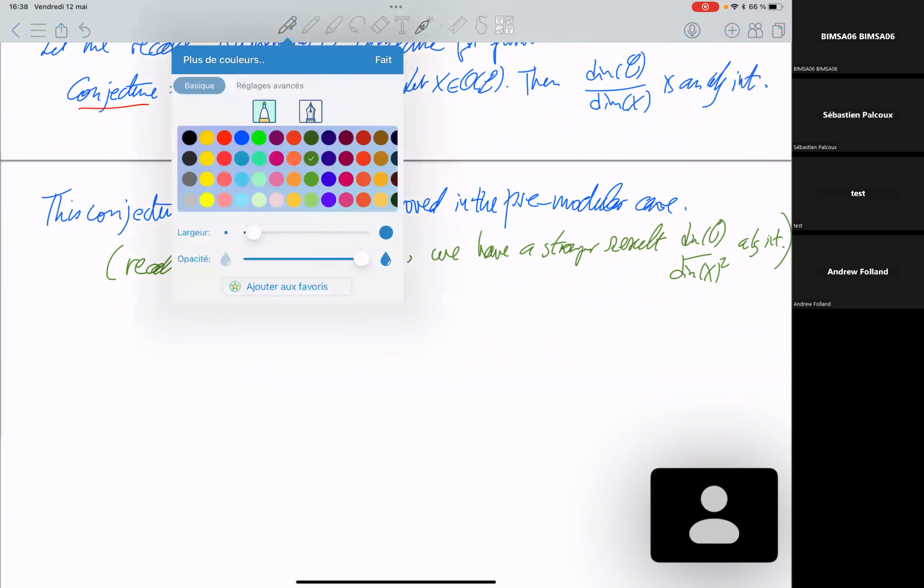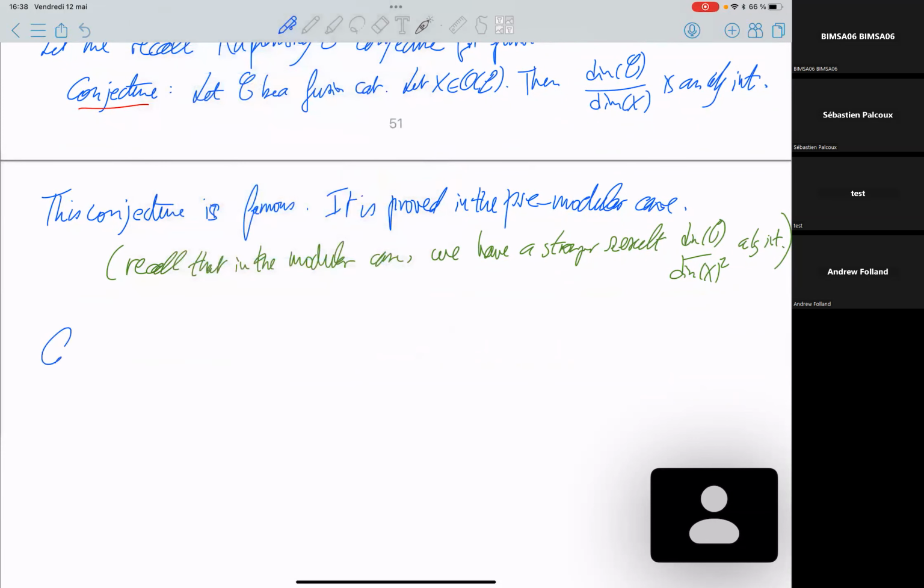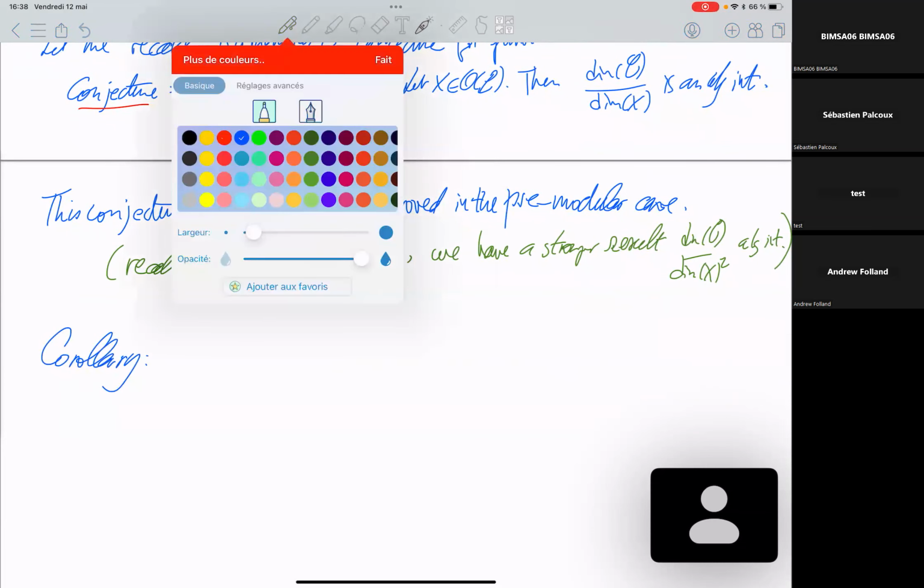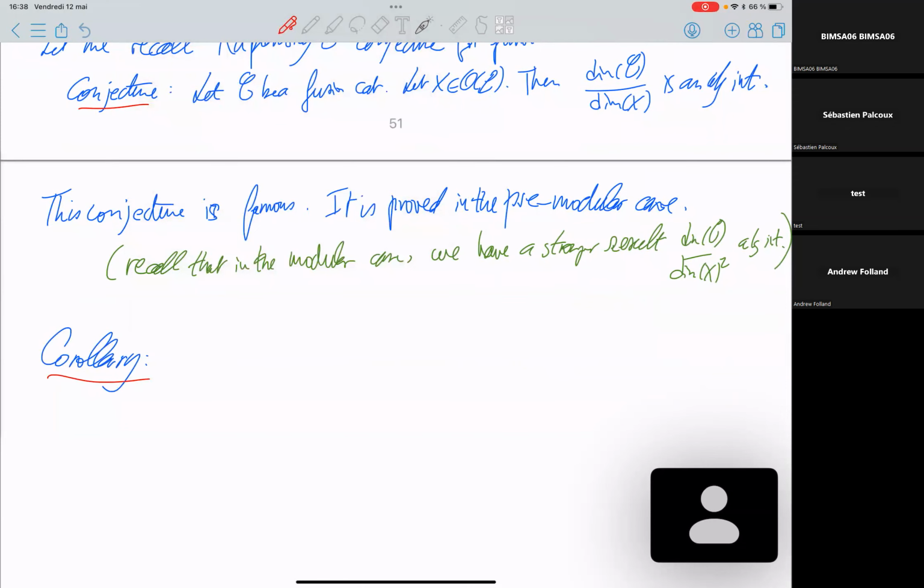So let me state the corollary. Let C be a premodular category. I am still confused in the book about whether the right bond notion is the same.